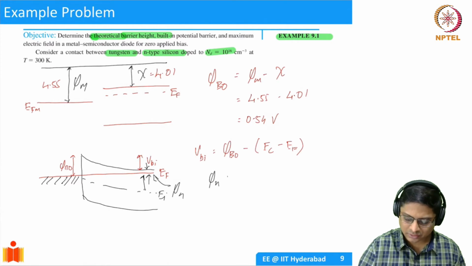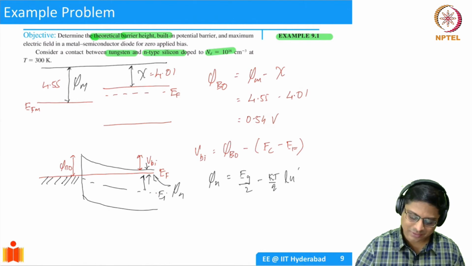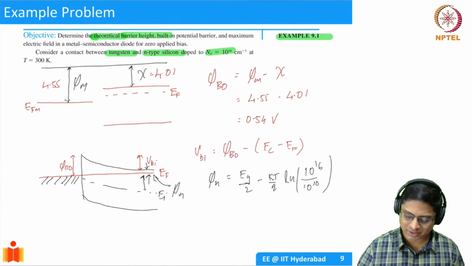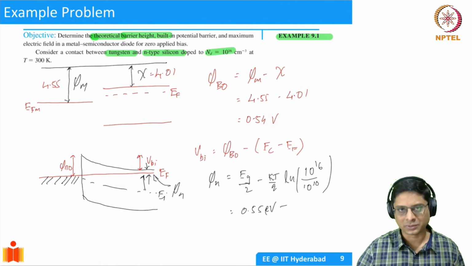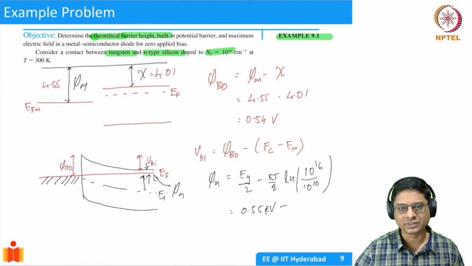So what I'll do is phi n is going to be EG by 2 minus, I'll write out directly, you should convince yourself that this is right, kT by q ln of 10 to the 16 divided by 10 to the 10, I would say. Okay. So this is 0.55 eV because silicon band gap is 1.1 eV. So 0.55 minus, this is 6 times 26 millivolts.